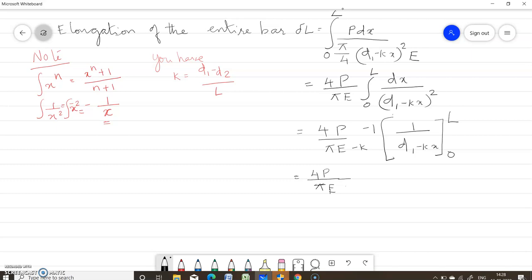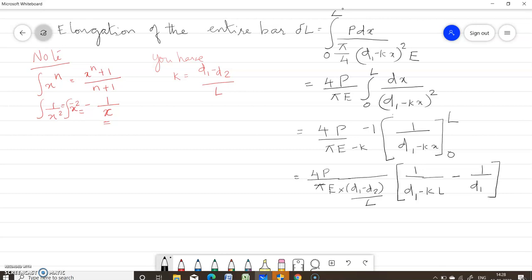K is equal to (d1 minus d2) divided by L. So let us apply the limit, upper limit: this is 1 by (d1 minus k into L), minus the lower limit 0: 1 by d1.